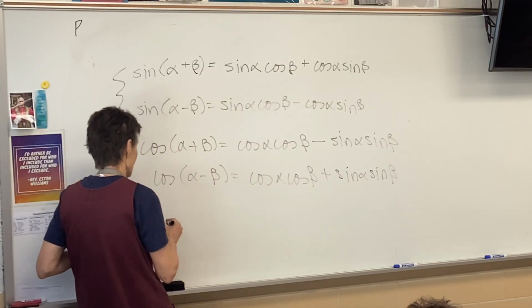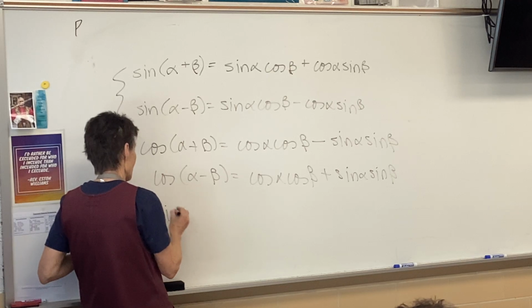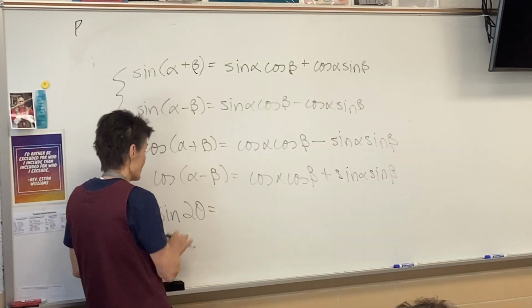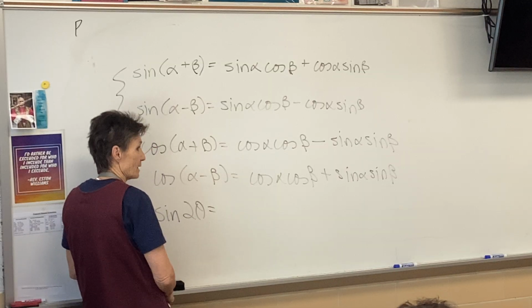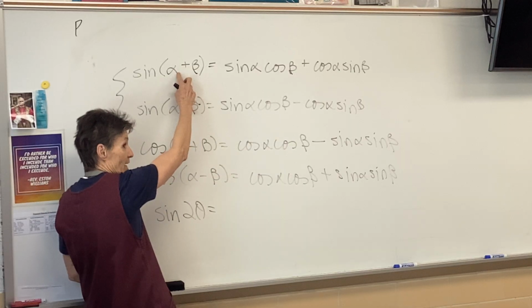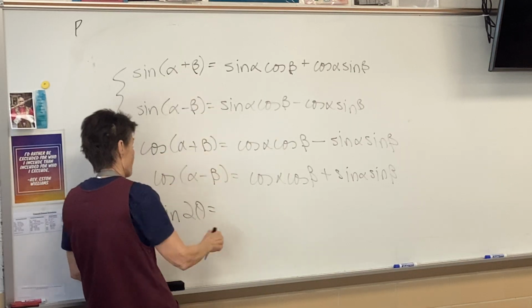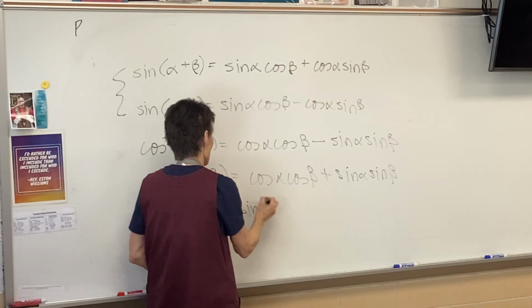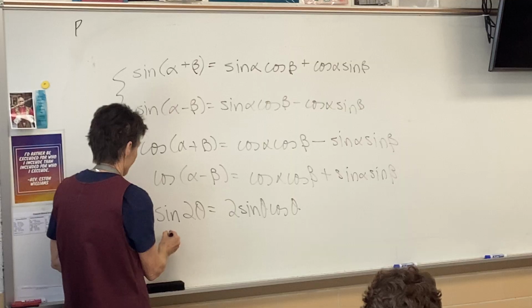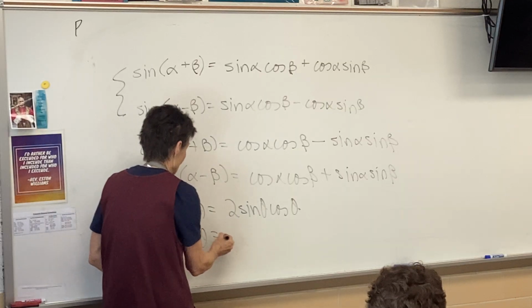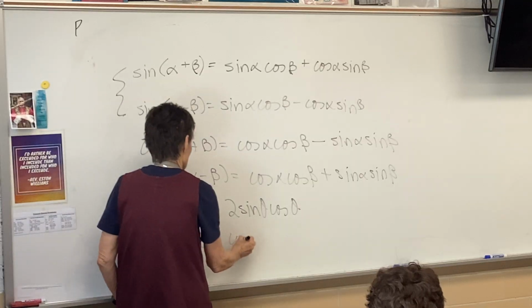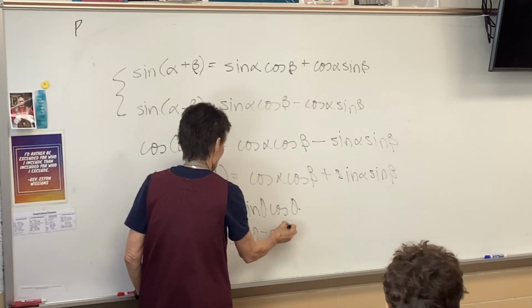So what we mean by double angle identities, what are the theta? So sine 2 theta, double theta, 2 times theta, which is just a special version of this one, theta plus theta. 2 sine, cosine. Double angle cosine's a little bit trickier. Cosine squared minus sine squared.